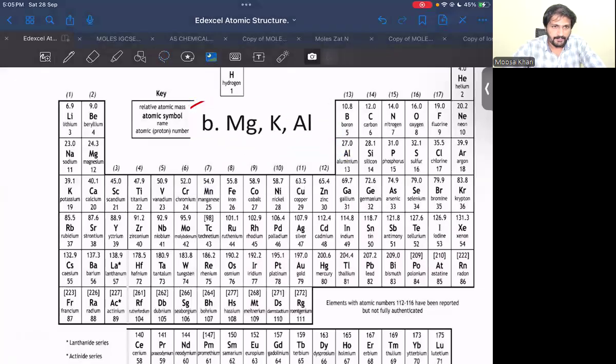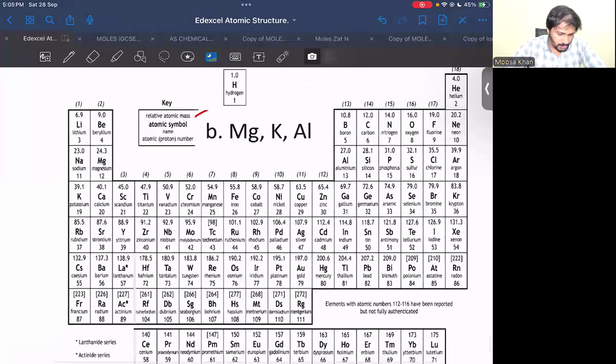Here. Aluminum has the smallest size. Here is aluminum, which is in period 3. Magnesium is in period 3.